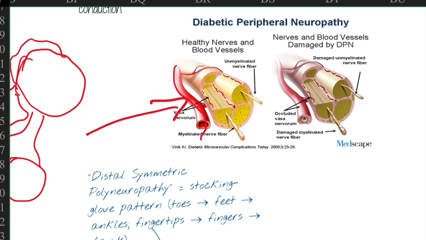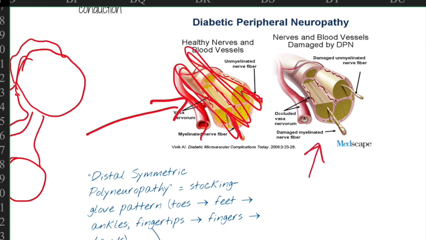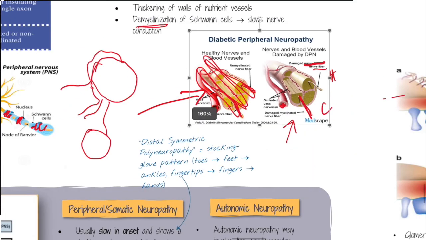Here's the myelinated nerve fiber and an unmyelinated nerve fiber, and these are running through the nerve, sending signals, right? Over here is a damaged nerve. You can see the blood flow, there's occlusion there. So you can see there's damage to the unmyelinated nerve fibers, those A fibers, and there's damage to the myelinated ones, the C fibers.